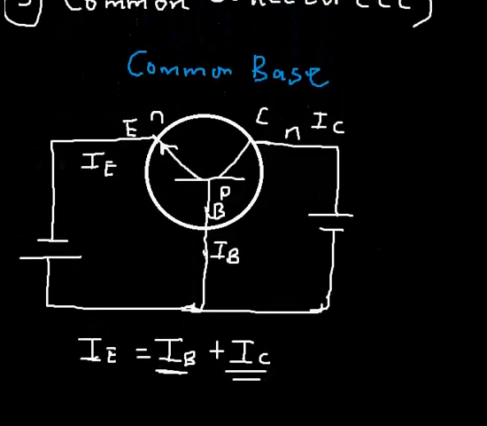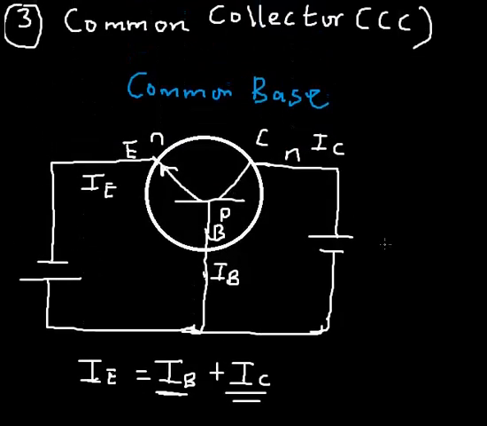Okay, so now let's look at what happens when we establish this connection. When we establish this connection, you know very well that the base is common, right? So our input is connected between the emitter and the base, while the output is taken between the collector and the base.